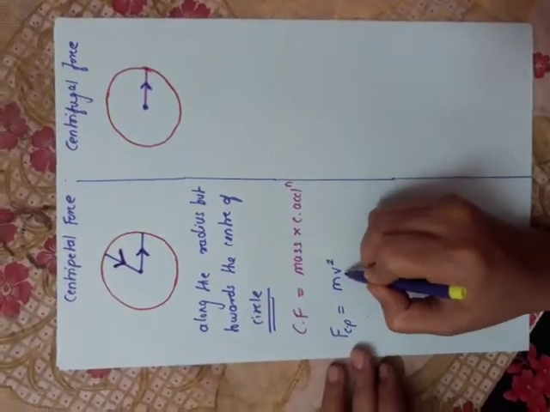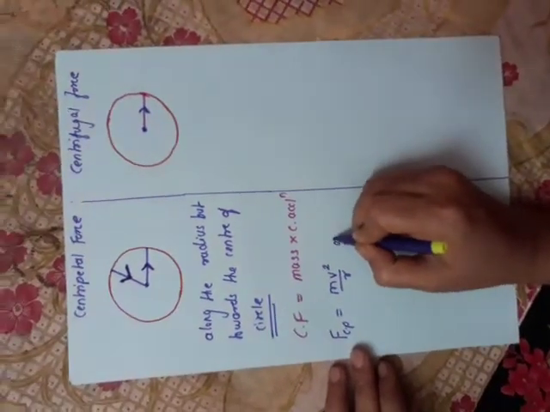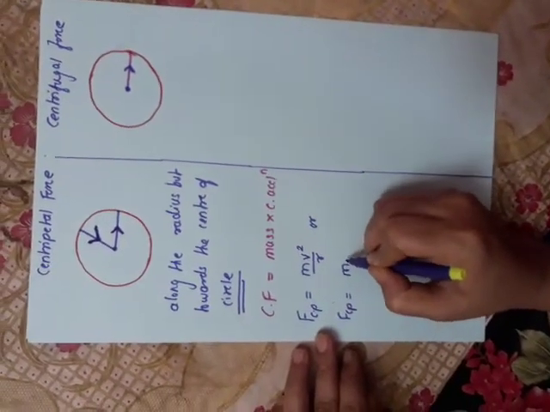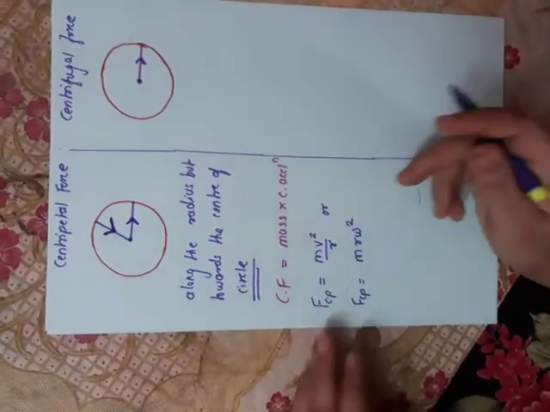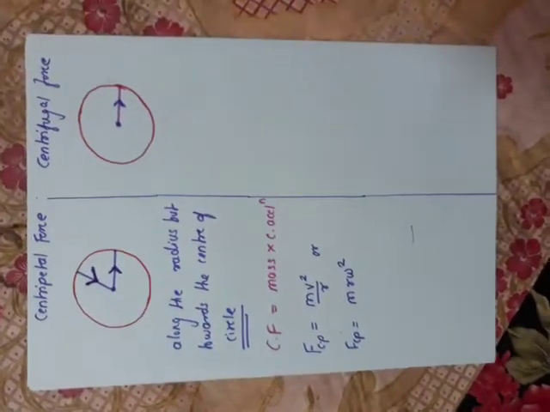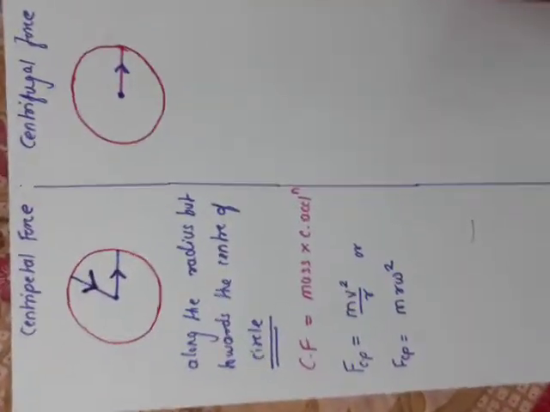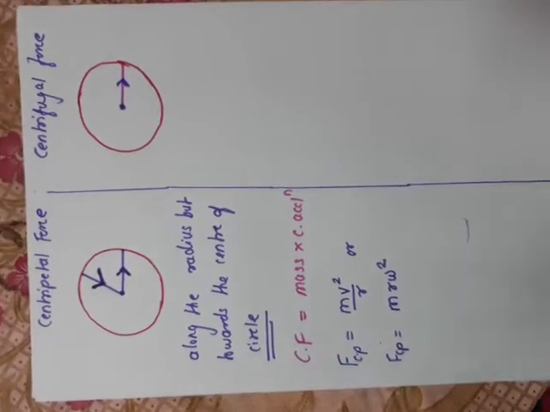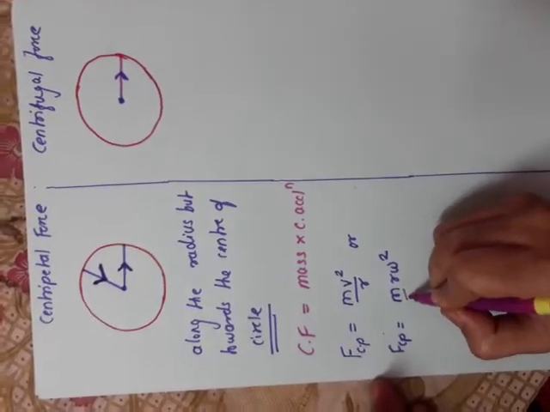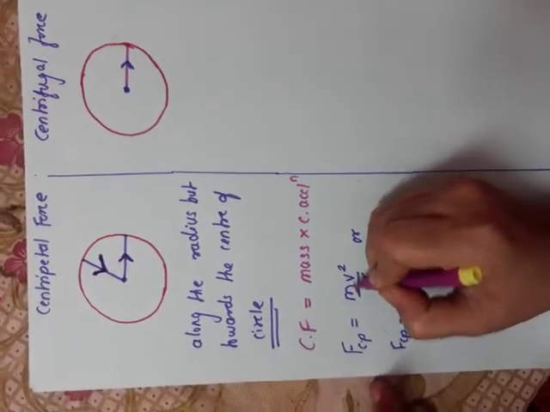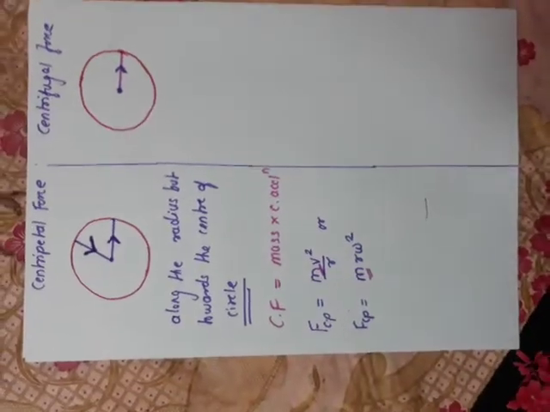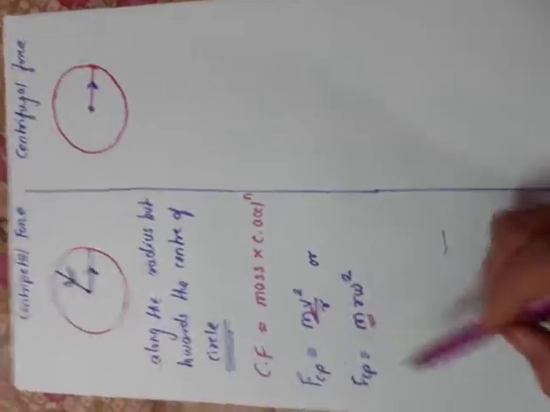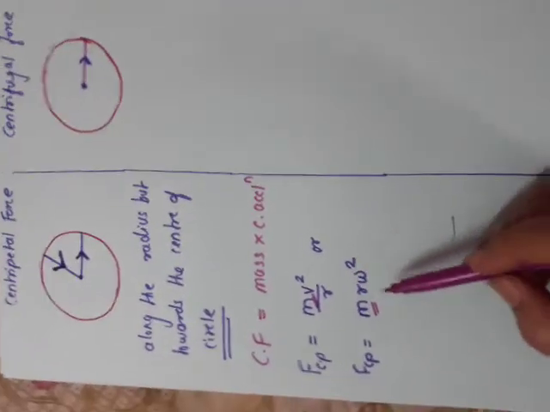One is v square upon r, and the other is r omega square. These two are familiar from the formulas of centripetal acceleration; the only difference is the addition of the mass of the object. So the formulas for centripetal force are m v square upon r and m r omega square.